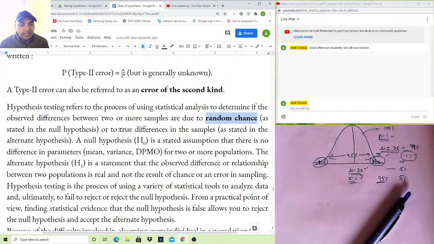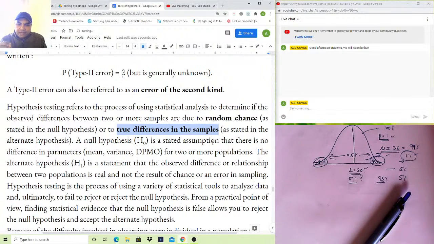So what we are exactly finding is whether the differences are simply by random chance or are really true differences. The null hypothesis is the stated assumption that there is no difference in the parameter, such as mean or variance, of the two populations.